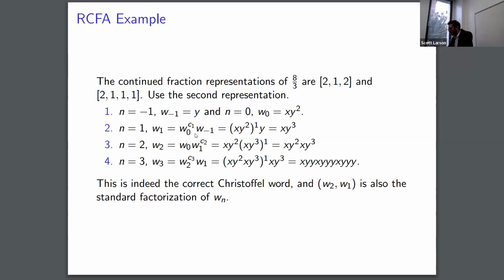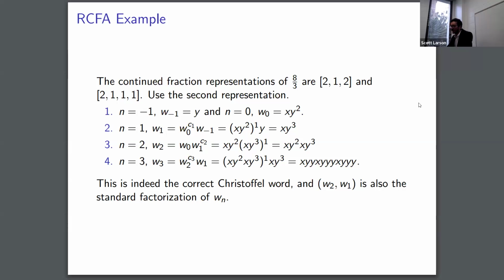And in this example, notice we use the second representation, which ends with a 1. Because we have a Christoffel word here, W2 and W1, we raise that to a first power. So that gives us a factorization of W into Christoffel words. And because the standard factorization is unique, that must be the standard factorization.